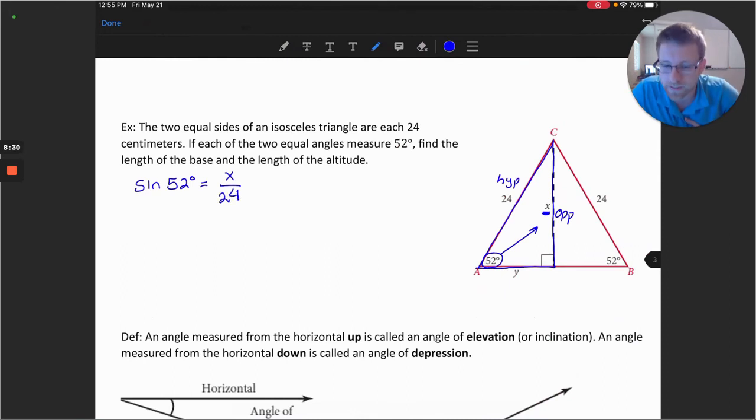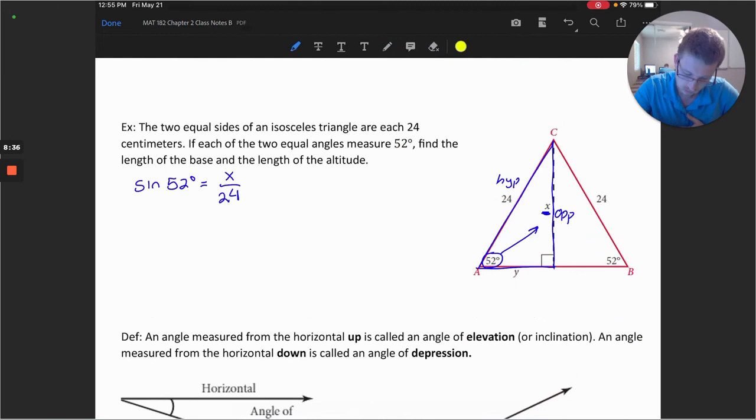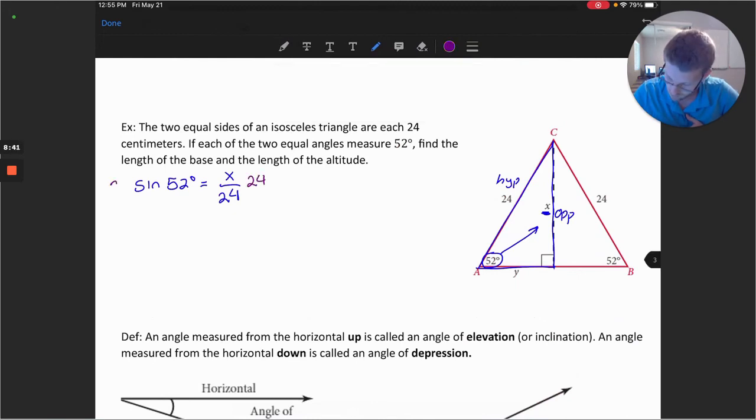So to solve for that altitude, x, I just need to multiply both sides of this equation by 24. And so when I look at that, x is going to be equal to 24 times the sine of 52.